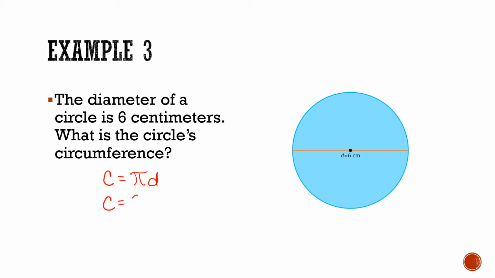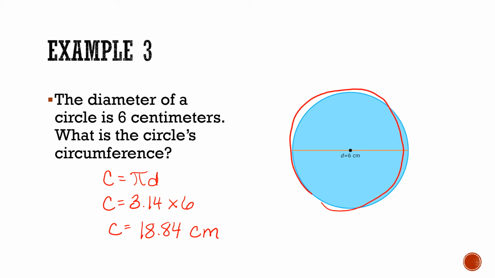So pi is 3.14, and our diameter is 6. So we'll use a calculator here. 3.14 times 6 is 18.84. And that is centimeters. Remember, we're talking about circumference, so that 18.84 is telling us the distance around the outside of this circle.